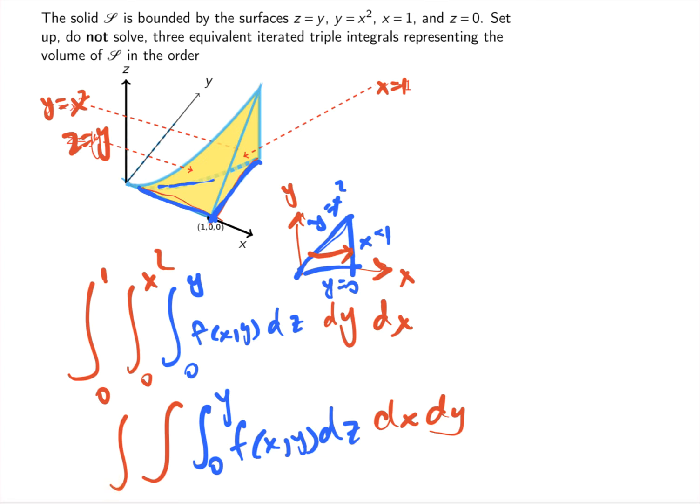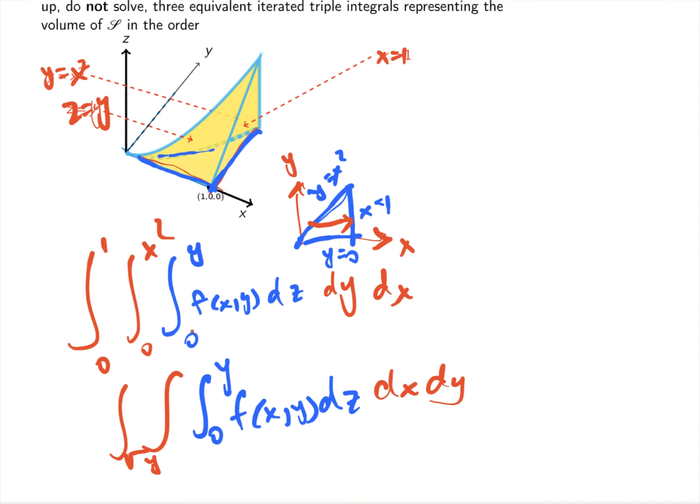In the x direction, we start from square root of y, and we end at x equal to 1. Sorry, in the wrong place. That's the middle one. Square root of y right here, and we end at 1. And for y, we go from 0 to 1.